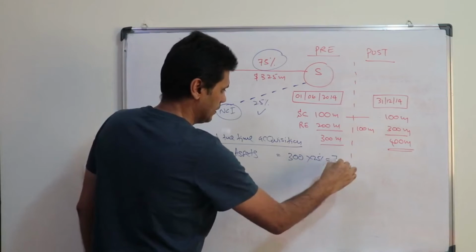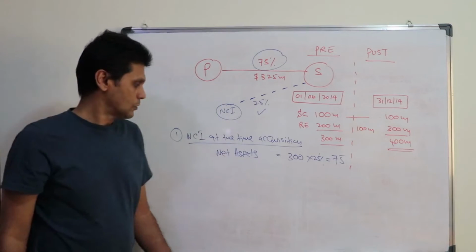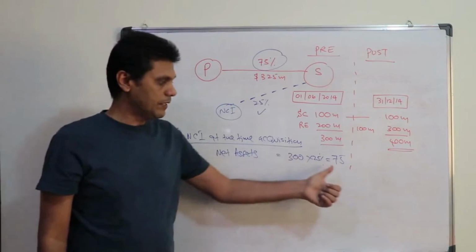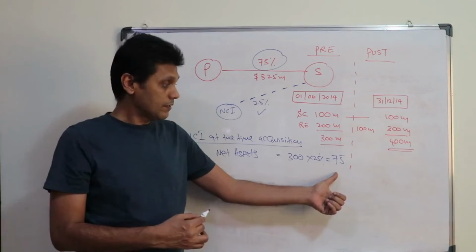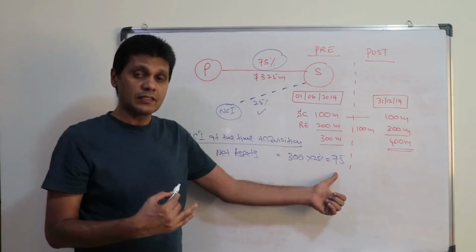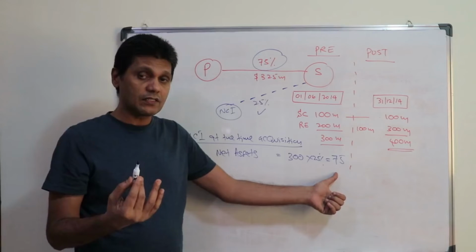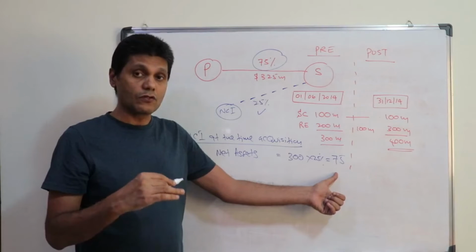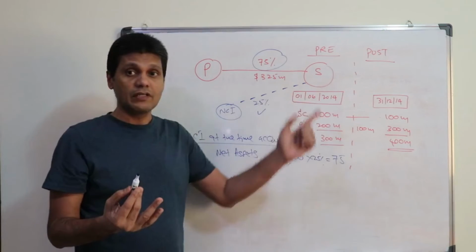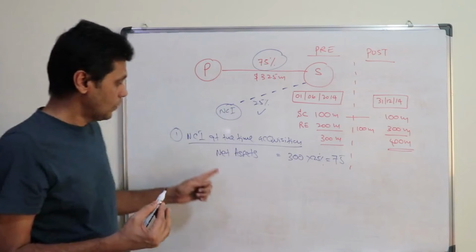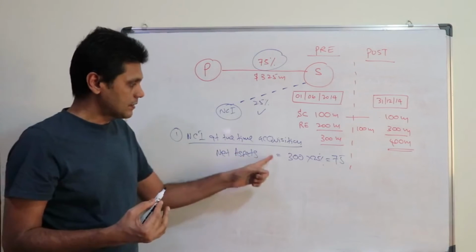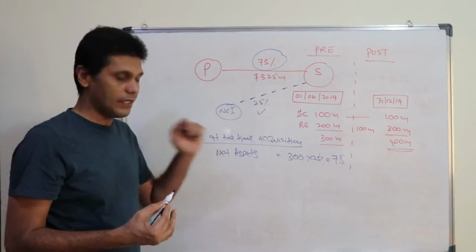So this will be 75 million. So the NCI at acquisition will be 75 million. In fact, I already discussed this under my previous discussion on goodwill on consolidation. I have given the link, so you can watch that video. So this is how you calculate the non-controlling interest at acquisition.